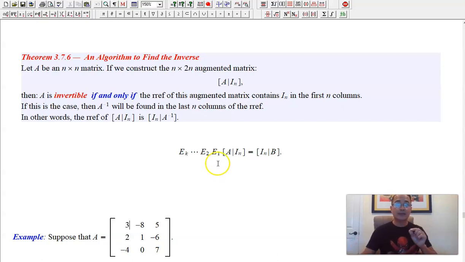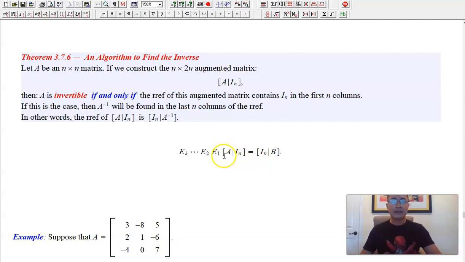So that's why instead of writing subtract row 1 from row 2 or blah, blah, blah, I have these elementary matrices. So you perform these matrix products until you get the REF, which on the left side will have the identity. On the right side, we don't know what it is. We're trying to show that that right side is B.